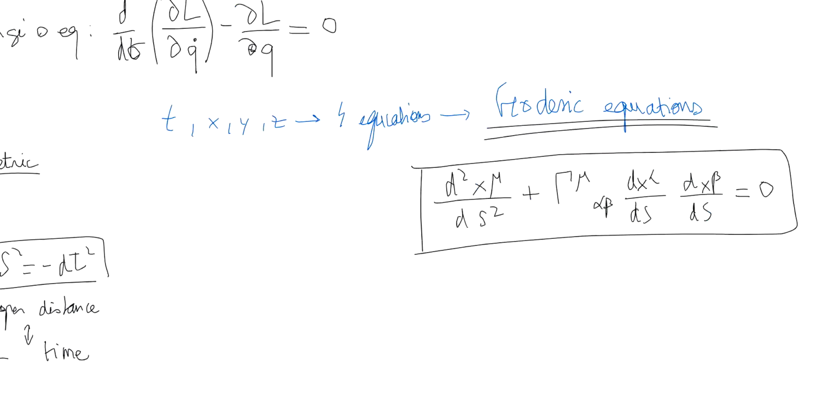Also, looking at the symbols here, you have a free index mu, which will take the value t, x, y, z. So you will have an equation for x^t, an equation for x^x, etc. And those are the Christoffel symbols.